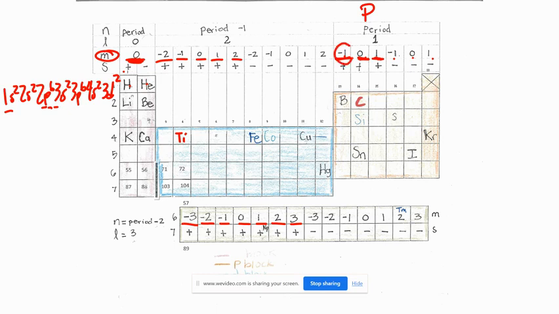So this is in the same orbital as this. It's the same orbital. It's the same space. Except you're getting 2 electrons in there instead of just 1.